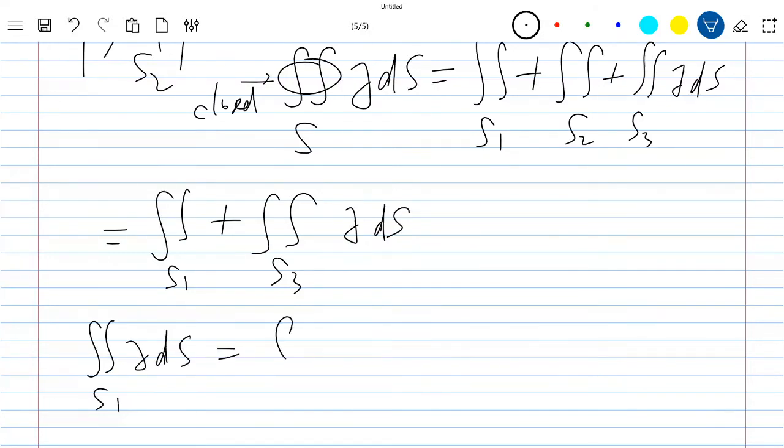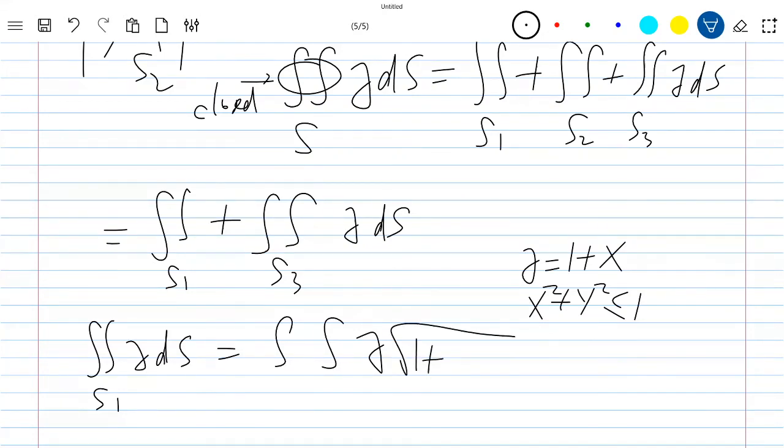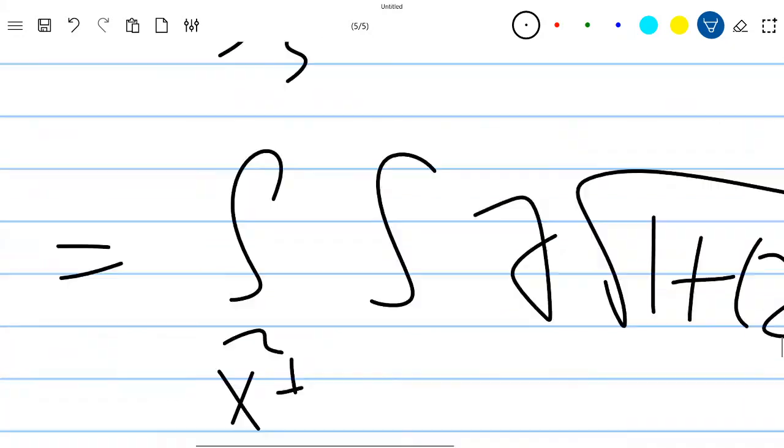So for S1, z equals 1 plus x. Right? So we should use the integral over xy of z times the square root of 1 plus z_x squared plus z_y squared dx dy, or we can just say dA, where x squared plus y squared is less than or equal to 1.